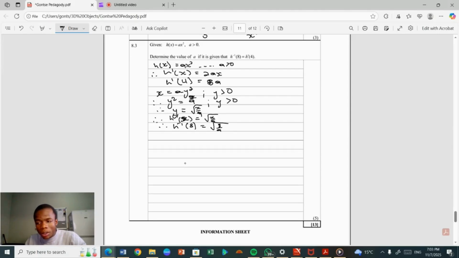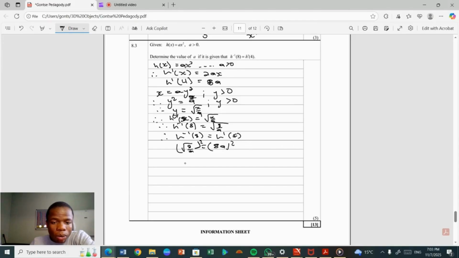Then from here we just have to say therefore the inverse of h of 8 is equal to h of 4, right? Then from here we have square root of 8 over a is equal to what? What is our answer? It's 8a, right? It's 8a. Then from here, you just solve for a.